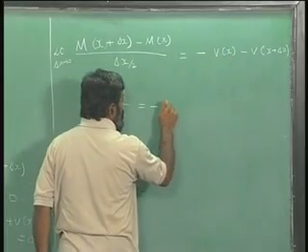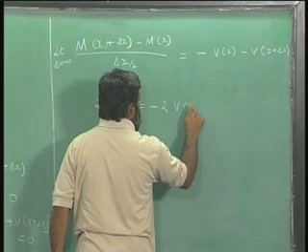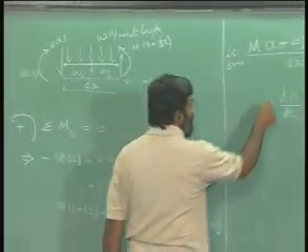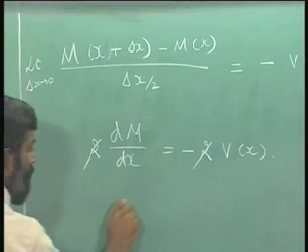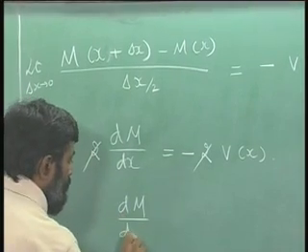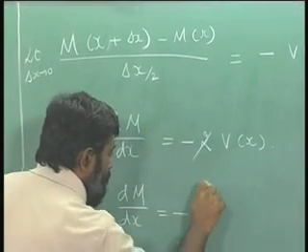So, we will get minus 2 V of x, is that all right. So, cancelling these 2's here, we get dM by dx equals minus V.